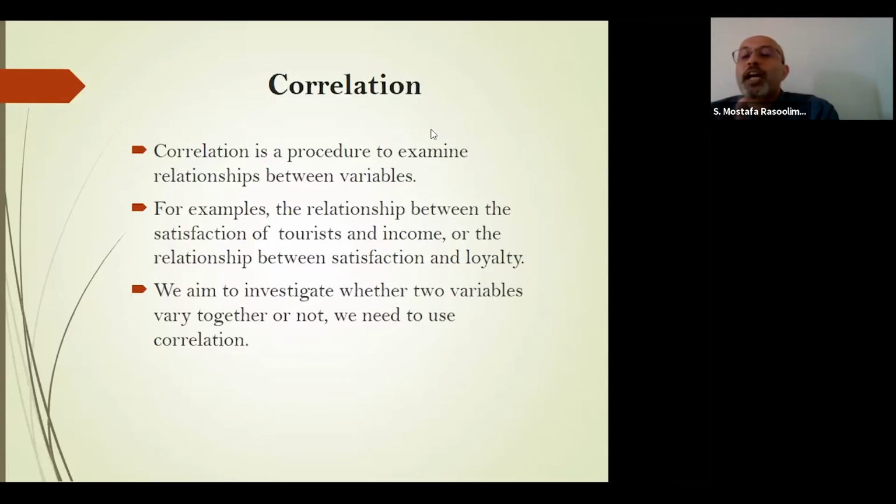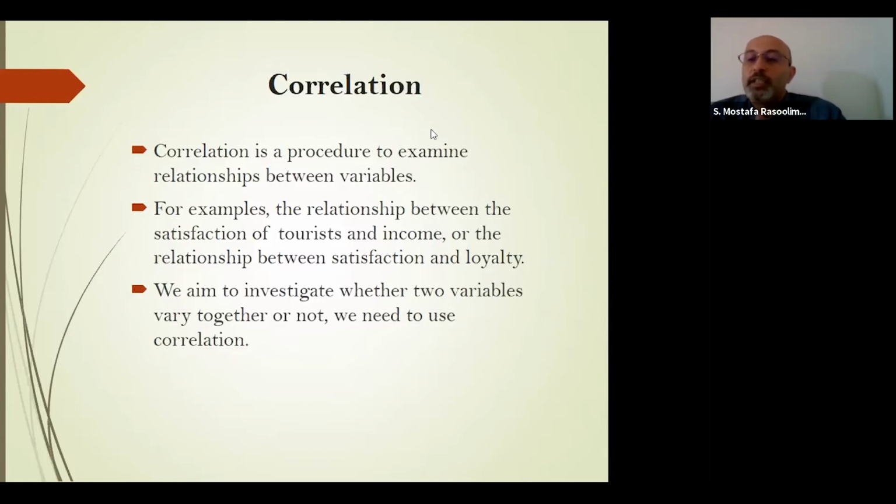For this type of relationship, we use correlation. So correlation is for relationships that are bidirectional. X can affect Y, and also Y can affect X. So this is one characteristic of correlation.